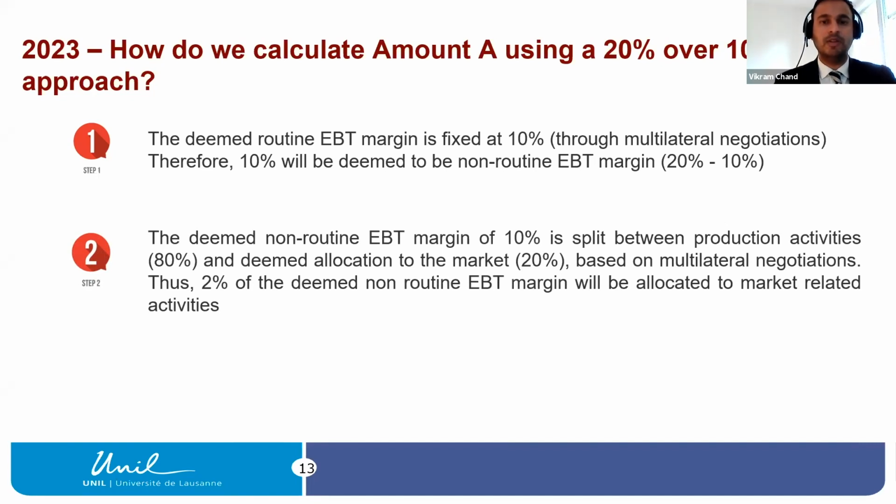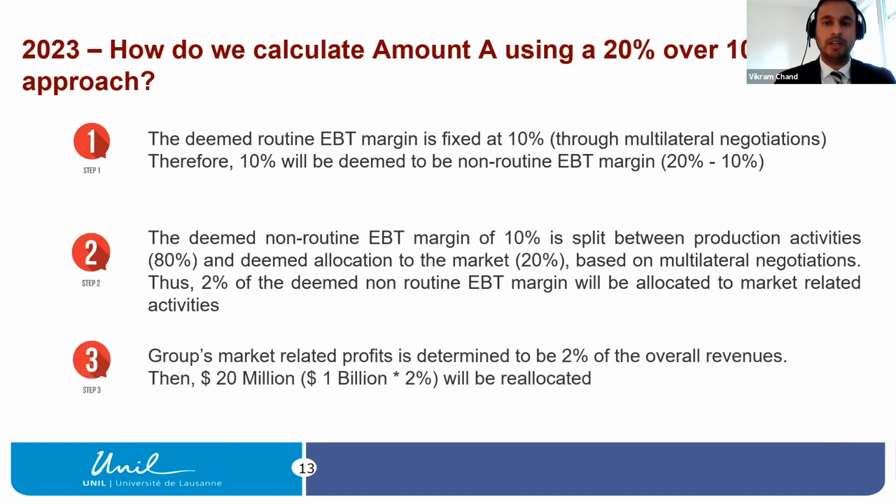Now this is once again something which will be determined according to the multilateral negotiations done by the inclusive framework, the numbers, the 10, 20%. So in our example, since 10% is the deemed non-routine margin, 20% of that 10% will be allocated to market-related activities. So essentially, 2% of the PBT margin will be allocated to market-related activities.